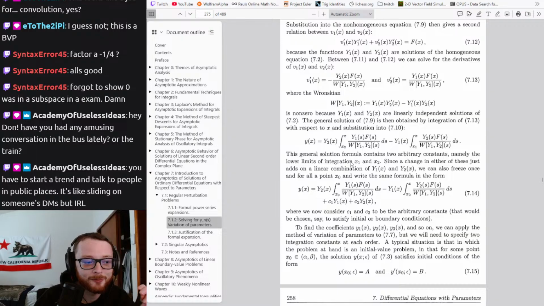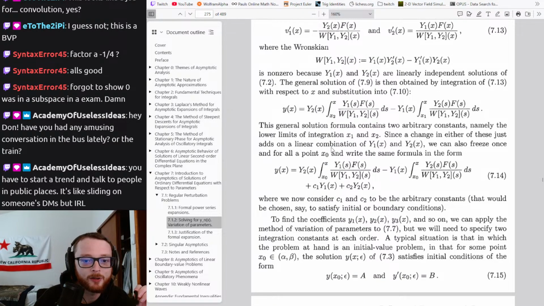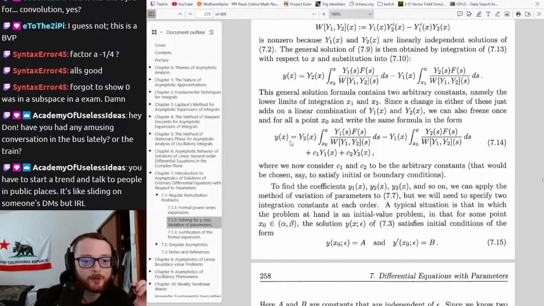Okay, so here's the book's discussion on the arbitrary constants. It actually uses different ones here, and that seems like a better system to me. Oh, never mind. Changing either of these adds a linear combination. Oh, sure. That makes sense.